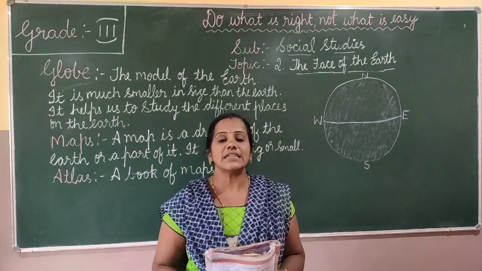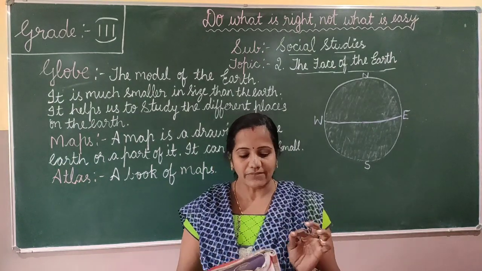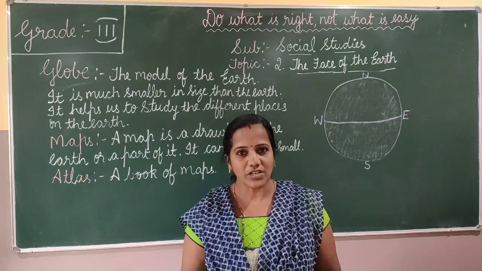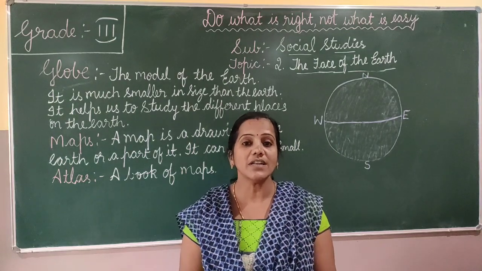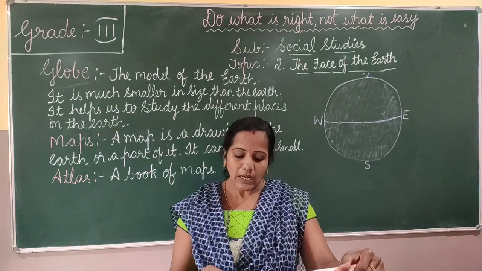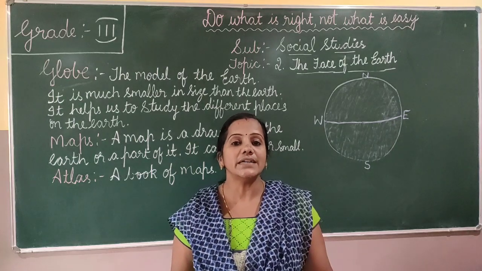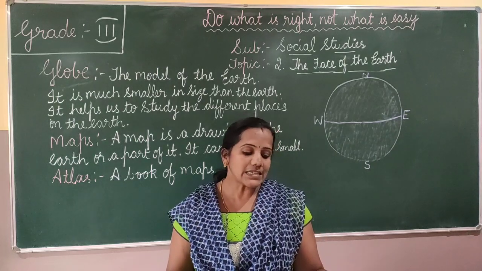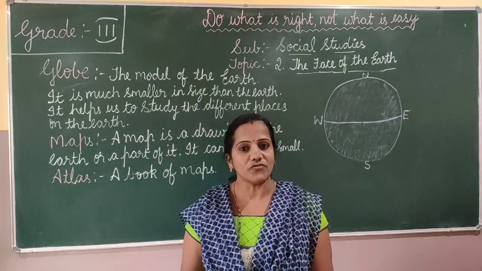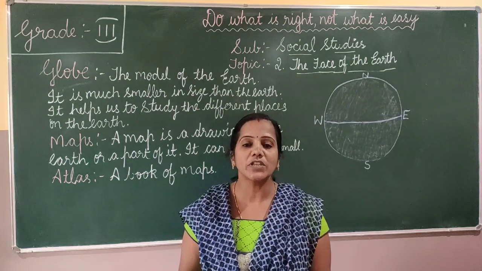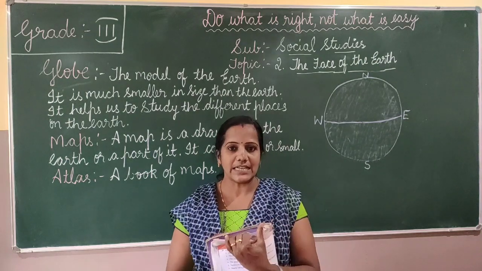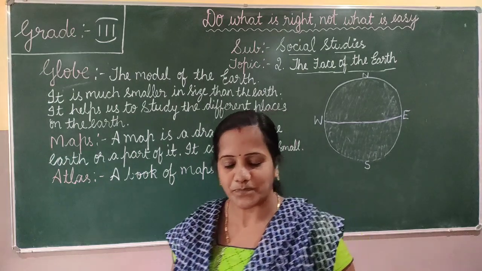So before starting the lesson we will do a lesson reading. Okay children, so everyone open your Sparrow textbook. Open page number 195. The lesson name is the face of the earth. Okay, everyone open your textbook. We will read the lesson first. Okay children.